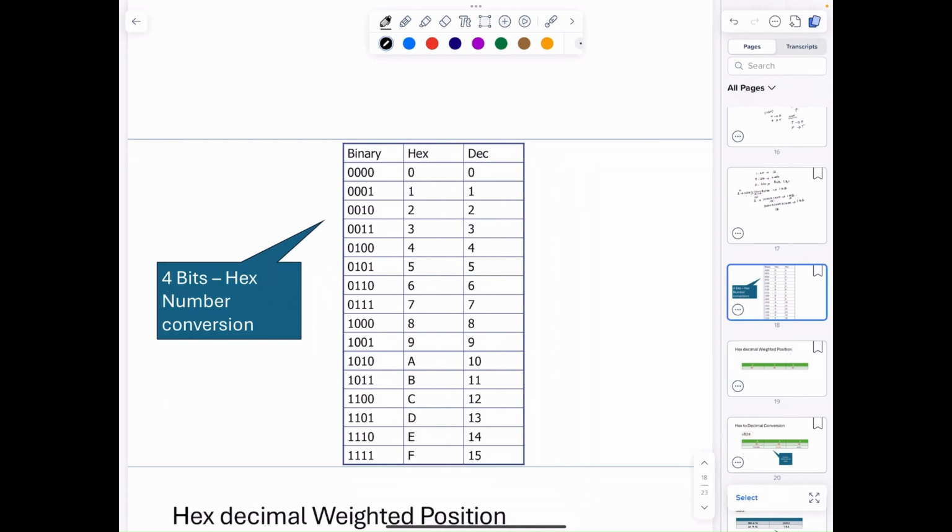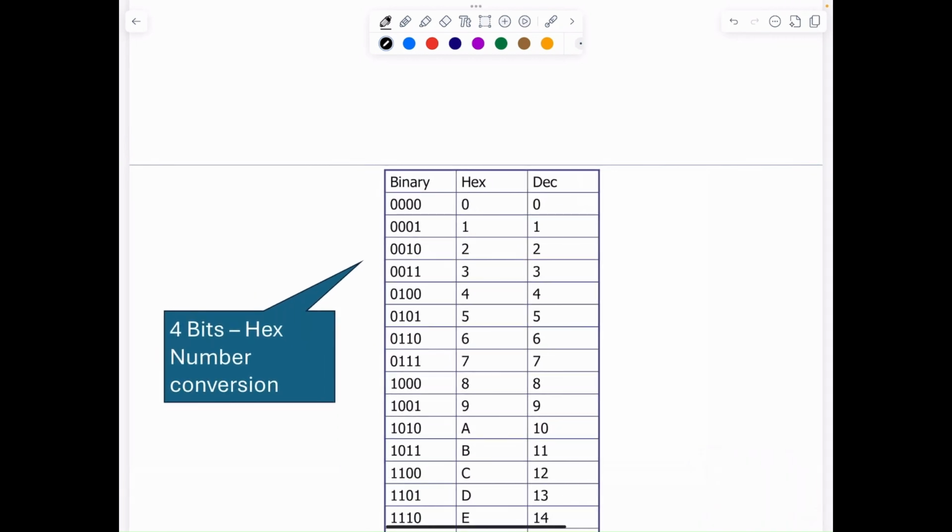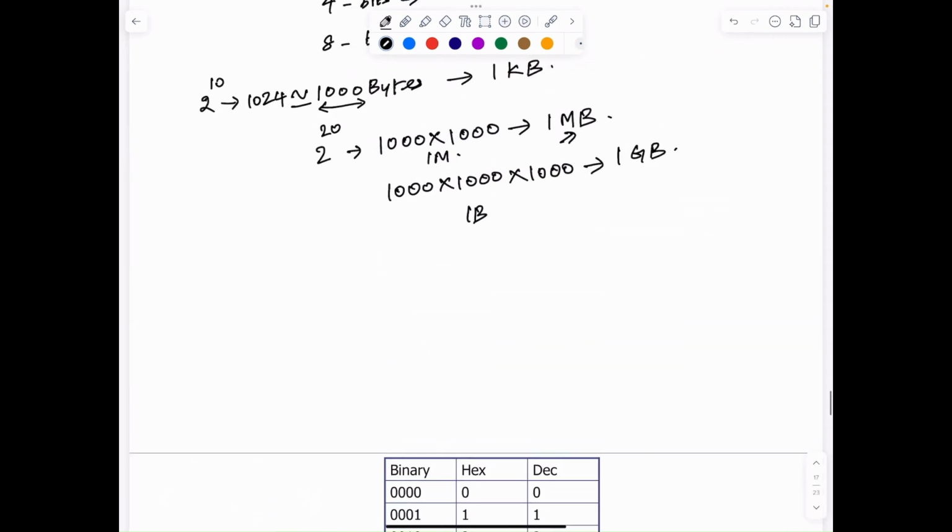Likewise, you have 1,000 times 1,000 times 1,000. That's 1 billion, 1B, right? This is called 1 gigabyte. Try to remember this basically. This will help you in your other computations.